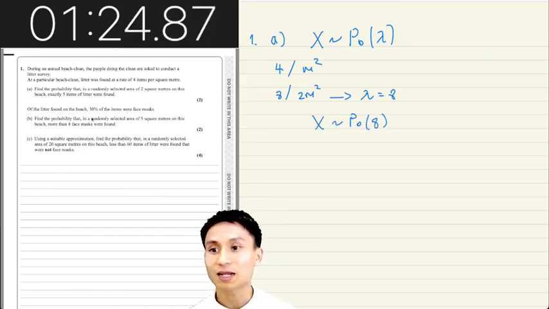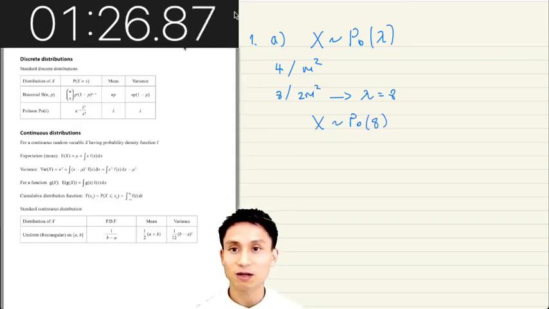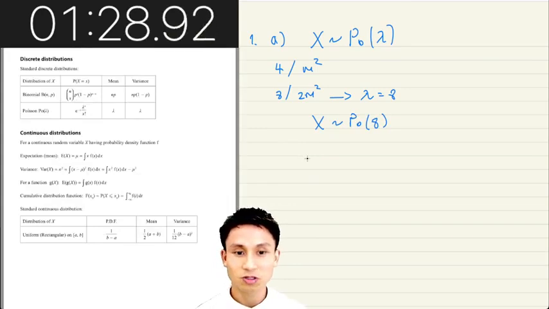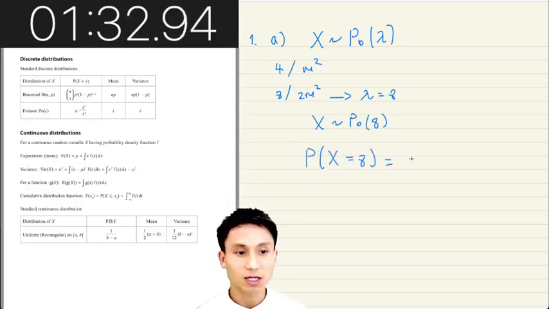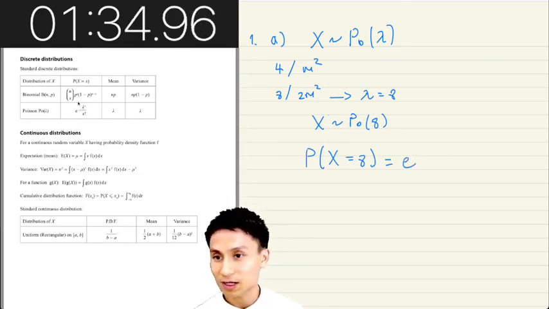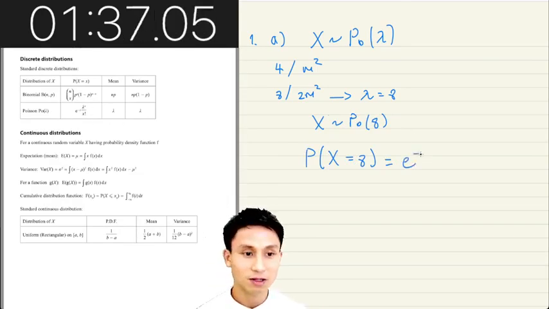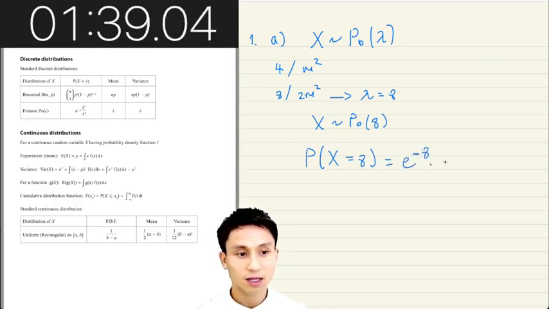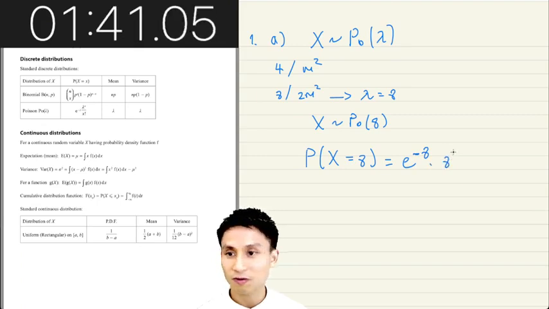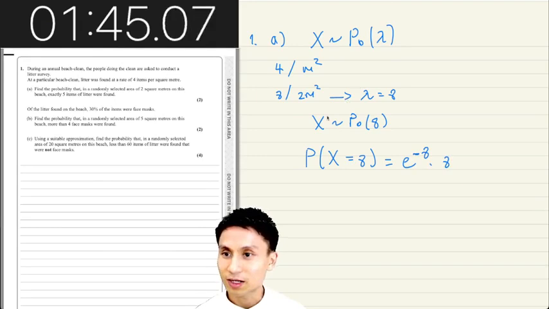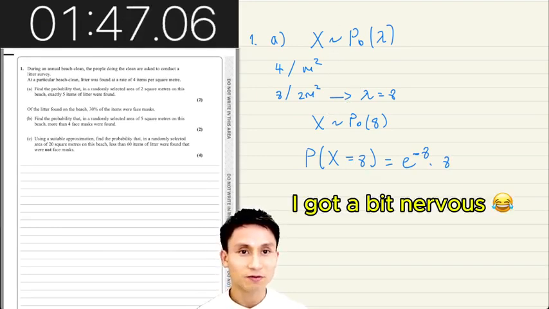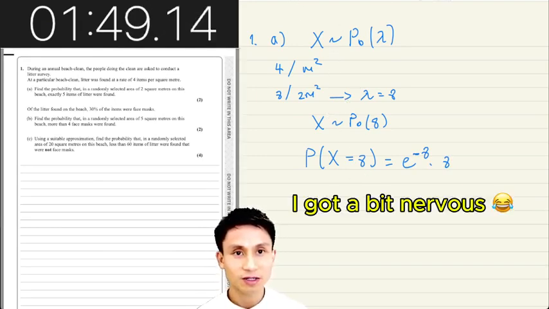And we want exactly 5 items, and then we find the probability of that. So I'm just going to use here P(X = 8) exactly. It's going to be equal to e to the minus lambda, lambda being 8, and then 8 to the power of x. Wait, hang on, sorry, it's exactly 5. So this is 5, not 8.